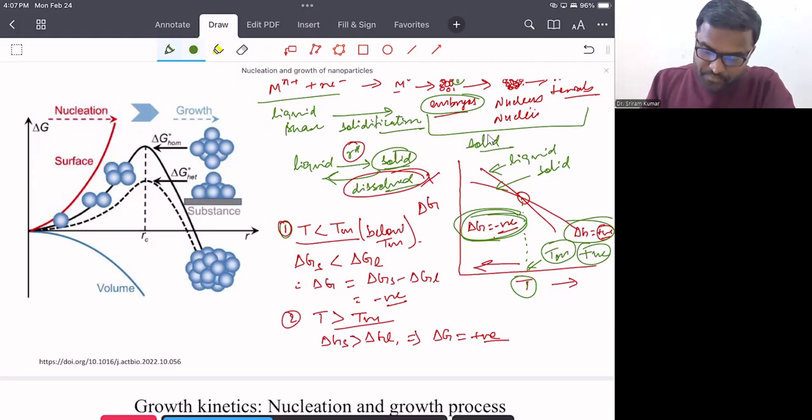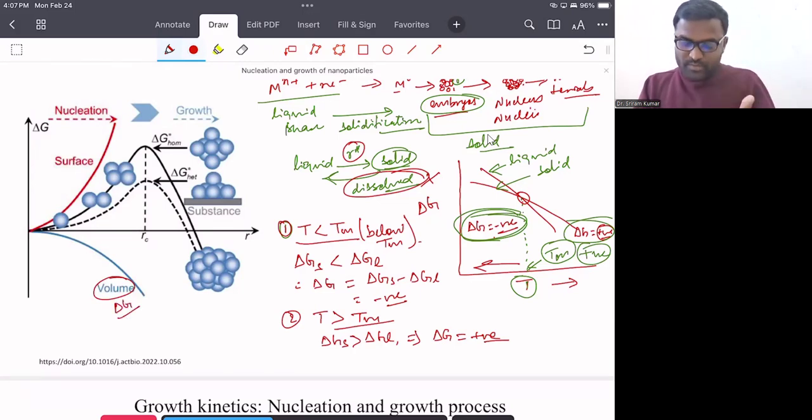And that's why, if you want to understand this curve, this is the delta G for the solid material formation, and we can call it delta GV, because a solidification process happens.